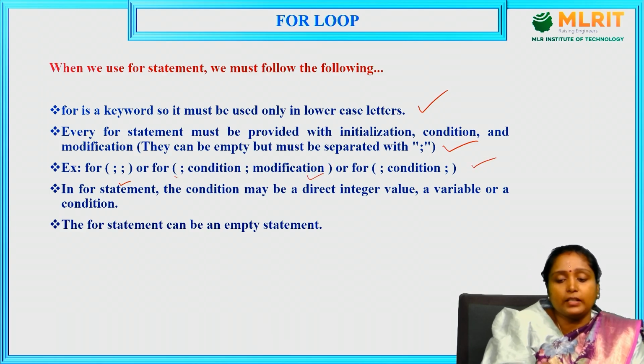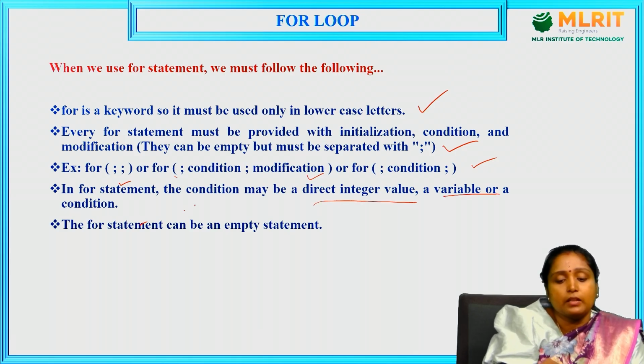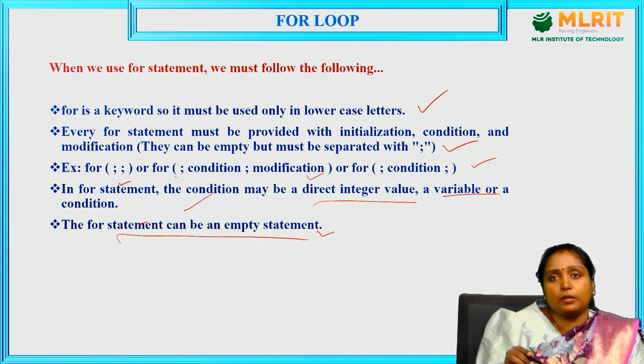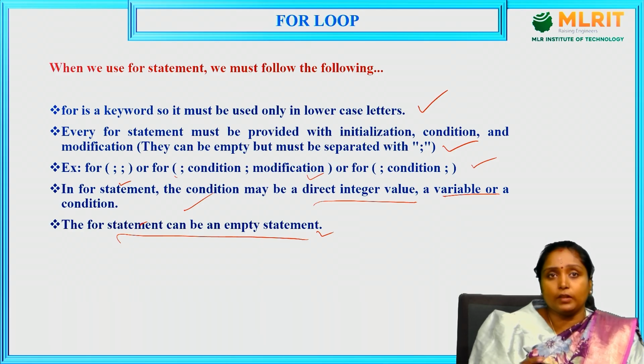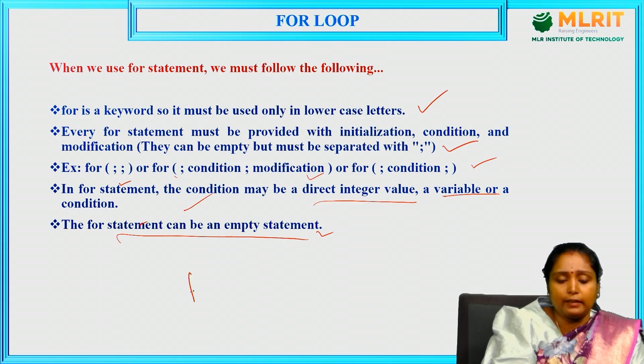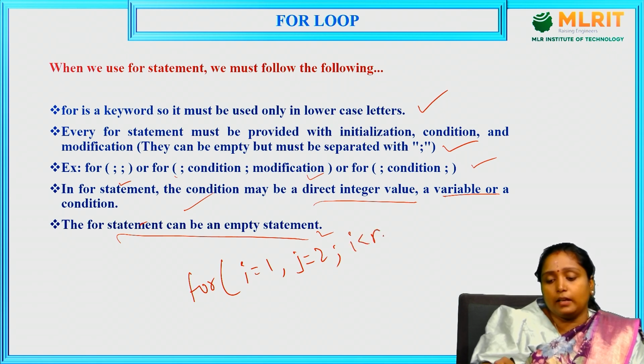In the first statement, the condition might be a direct integer value or variable or a condition, and it can be an empty statement also. And if I want to write two initialization statements in one for loop, I can write for I equals to 1 comma j equals to 2, and the condition I less than n, updation I plus plus comma j plus plus.